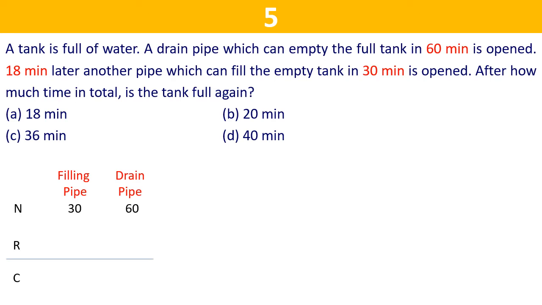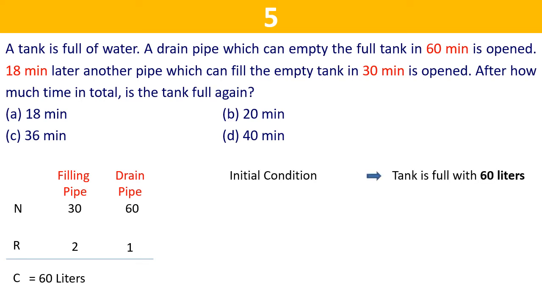And capacity of the tank we will assume a number which is divisible by 30 as well as 60. Let's take it as 60 liters. So what is the rate of filling? 2 liters per minute, and rate of leaking is 1 liter per minute. Now as per the problem, the tank is initially full. So the initial condition is like this, the tank is full with complete 60 liters.